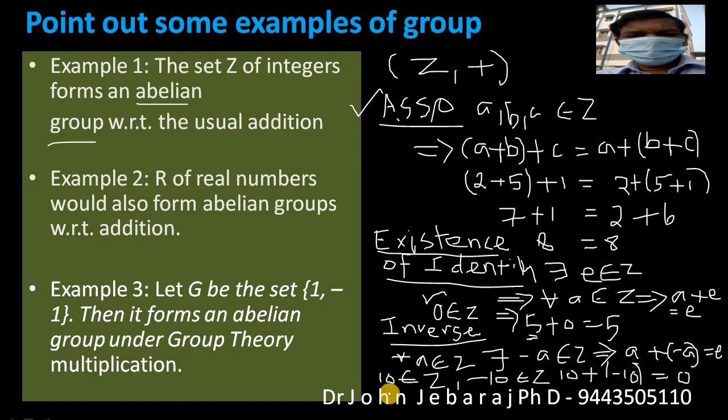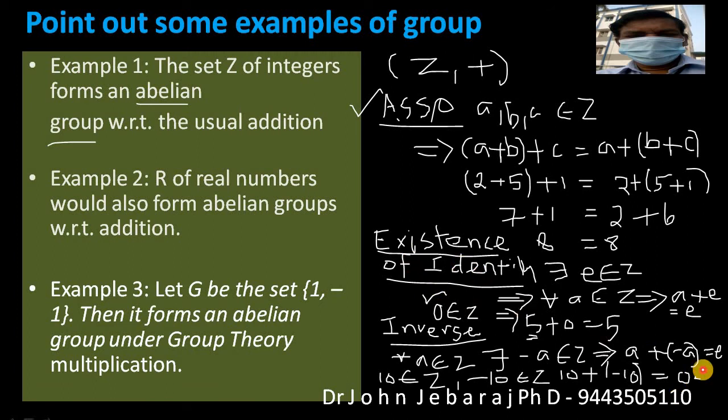So I have taken one element, 10 belongs to Z, and I showed that there exists another element minus 10 belonging to the same Z, such that if we operate this 10 on this minus 10 by the given operation plus, I am getting 0. 0 is the identity element.